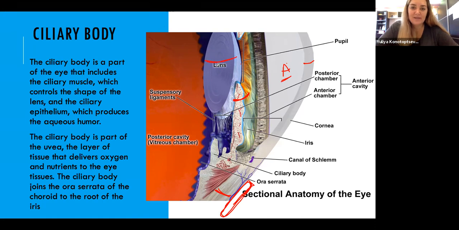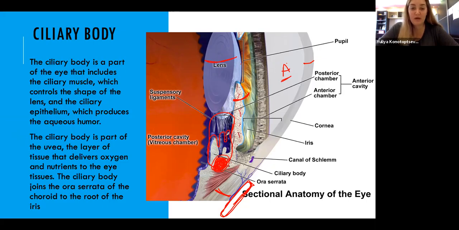How do we attach the lens to the sclera? With the help of the ciliary body. The ciliary body is a very interesting structure because it consists of two things. It consists of the ciliary muscle, which is going to be somewhere here. And on the surface of the ciliary muscle, you will see the ciliary processes. Ciliary processes are just epithelial cells, and these epithelial cells have one job: to secrete aqueous humor.